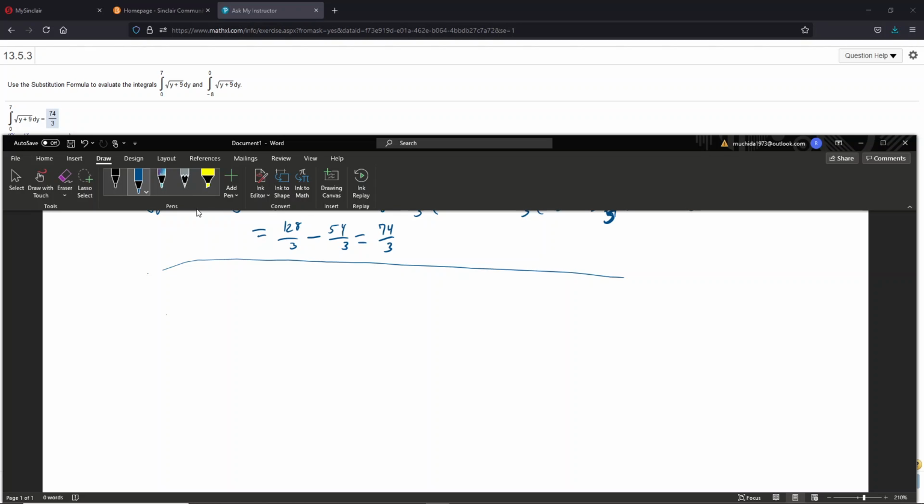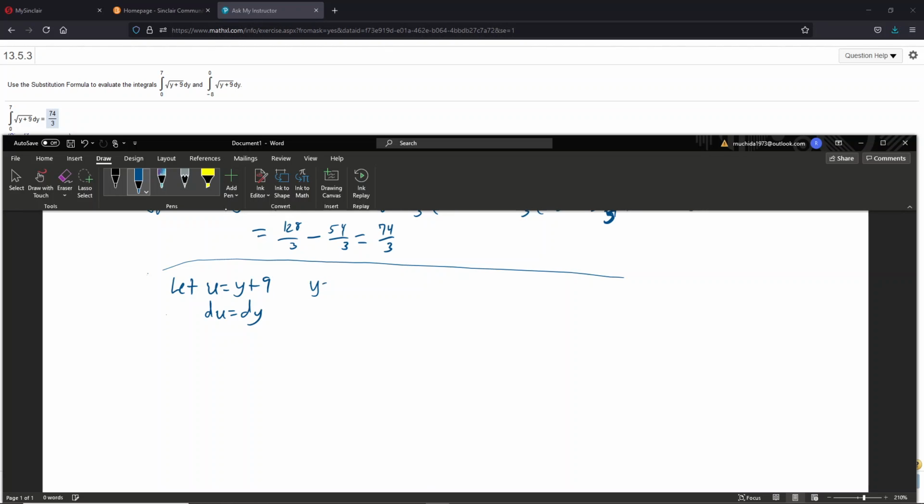Another way to do this is, if we're doing the integral from -8 to 0 of the square root of y plus 9 dy, again we would let u equal y plus 9, so du would again be dy. But now we also change the limits of integration. Before, we were going from y equal to -8 to 0.